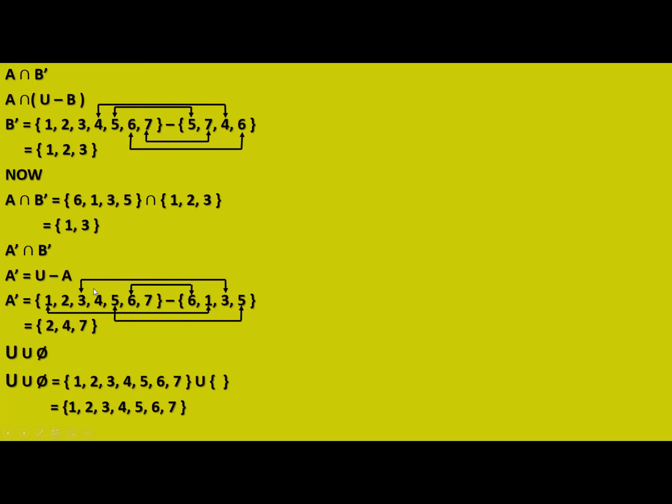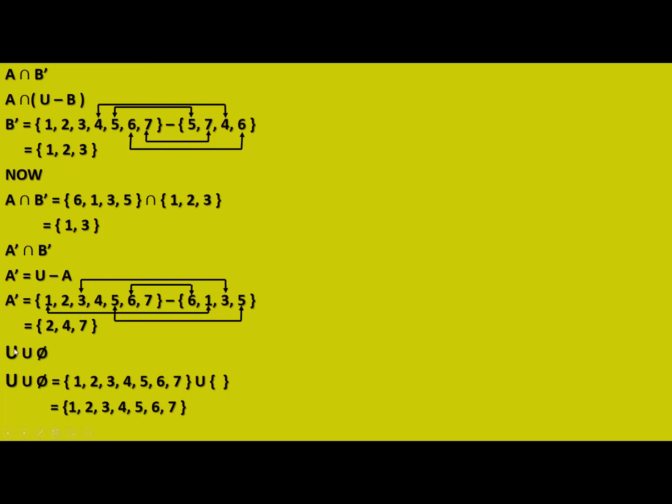The set containing those elements that are in U but not in set A. So see students, 1 we can find in set A, 2 we cannot find, so that will be our answer. 3 we can find, 5 we can find, only 4 and 7 we cannot find in set A. So our answer will be 2 4 7.